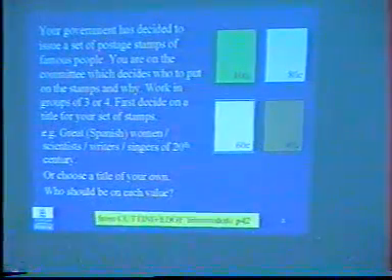Now, if you don't want to do famous people, then you could do famous places, or you could do famous flowers, or you could do famous vegetables, or whatever you think would be nice to go on the stamp.